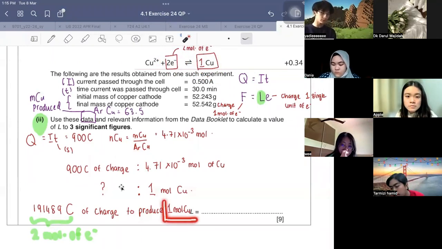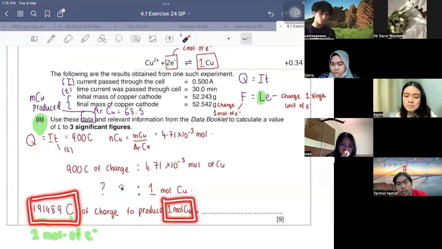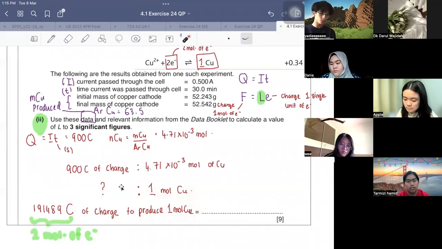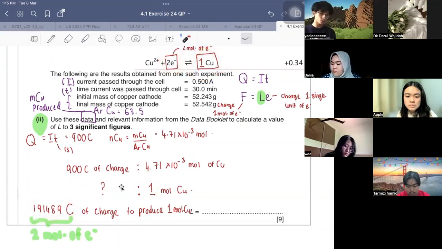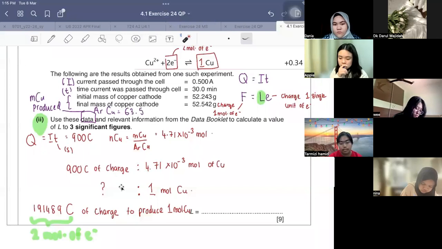So if we say that 191,489 coulombs of charge is required to be supplied to produce 1 mole of copper, this is equivalent to 2 moles of electrons because of the half equation. Now, where am I going with this? Why am I now looking at 2 moles of electrons?